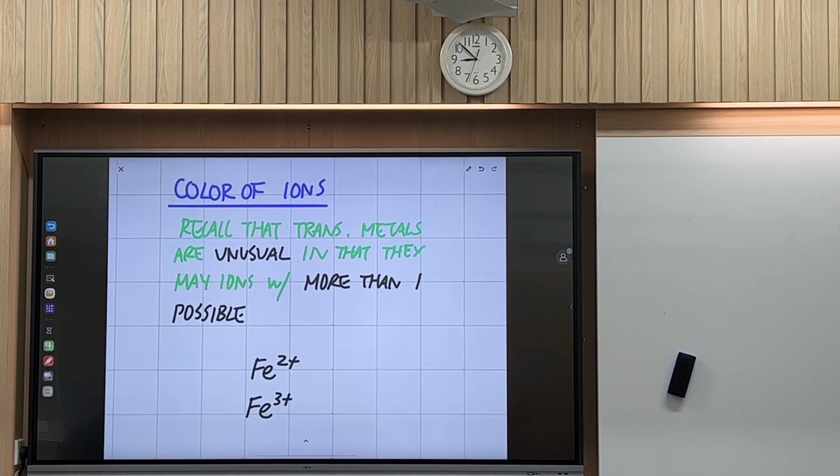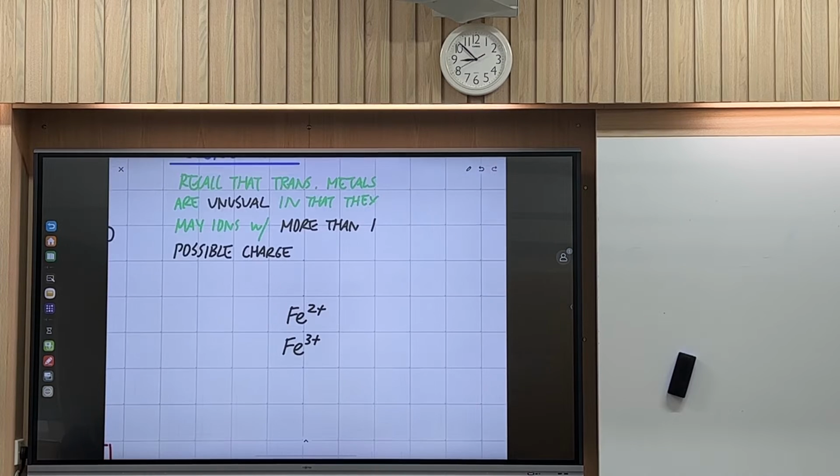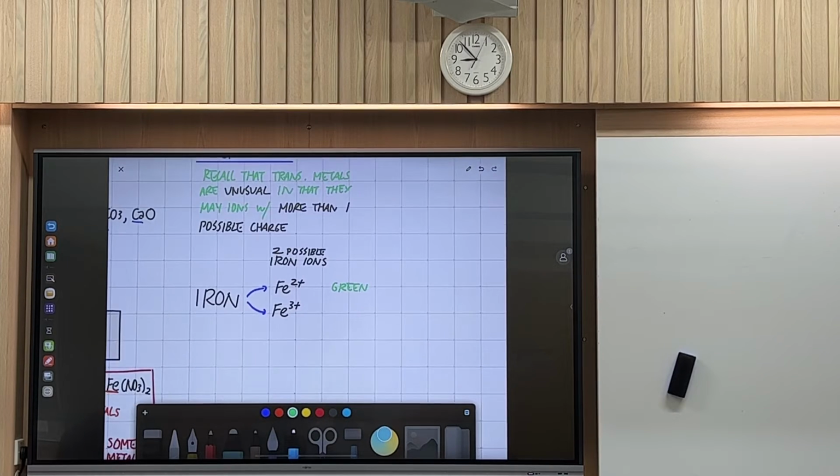Iron, Fe, can form 2 possible ions, for example, Fe2+ and Fe3+. So this is iron, and this is iron ion. So you have 2 possible iron ions. They're colored, and you have to memorize it. So Fe2+ is green in color. It will form a green solution.